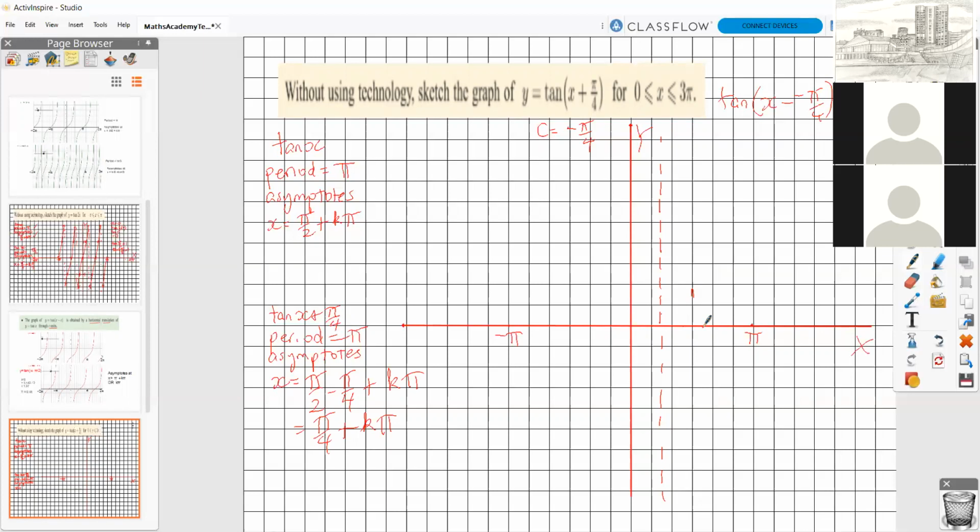I have a problem here, and that my axes are not correct, are they? I don't have enough room for that. Bear with me while we try and fix this up. What can we do? Can we move this right over to here?